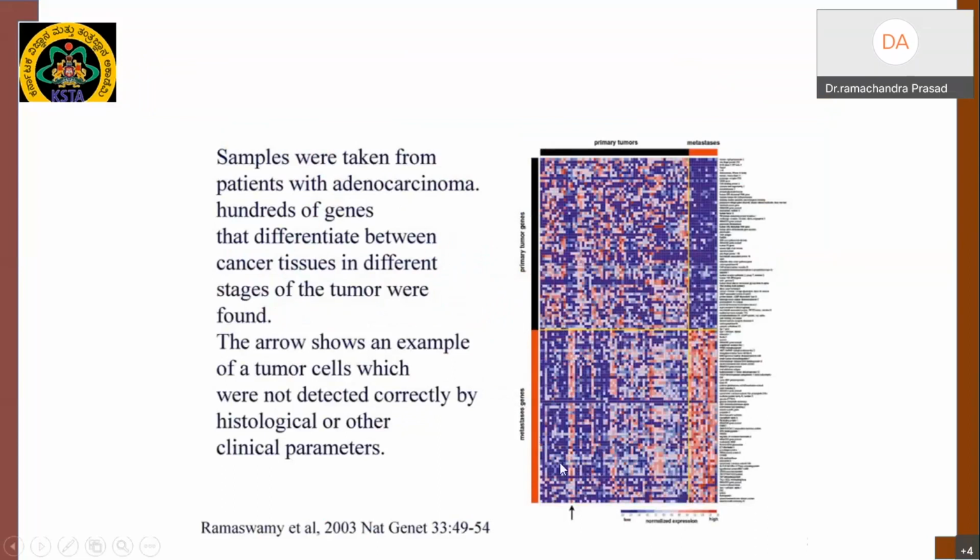There are 100 genes that were found to be different in the cancer tissue at different stages of the tumor. So they analyzed the different stages of the tumor of adenocarcinoma and found the difference in gene expression. So here bioinformatics helps us to understand how gene expression varies with the development of any disease or tumor progression.